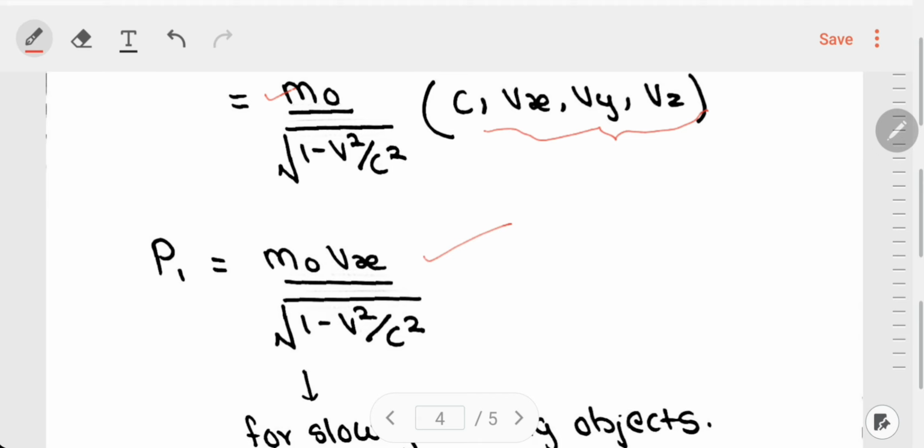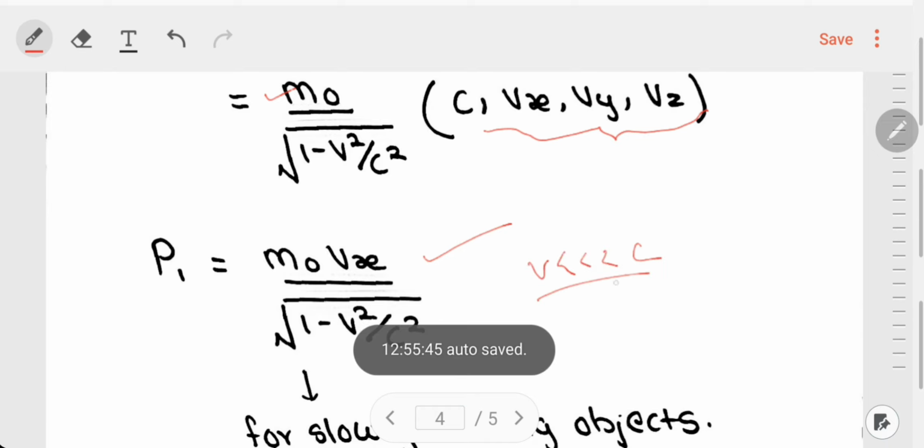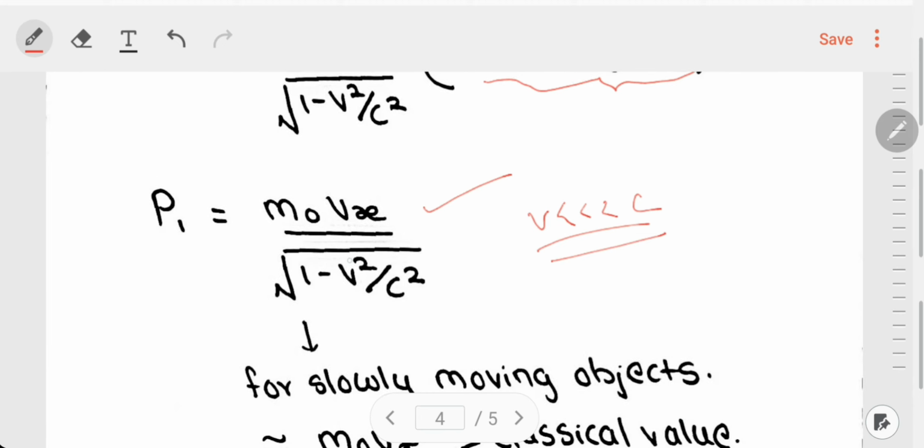And when the relative velocity is very small, that is v is very much less compared to c, at that time we can neglect this factor and we get p1 to be equal to our classical momentum, that is m naught vx. Similarly it can be done for the y component and the z component.